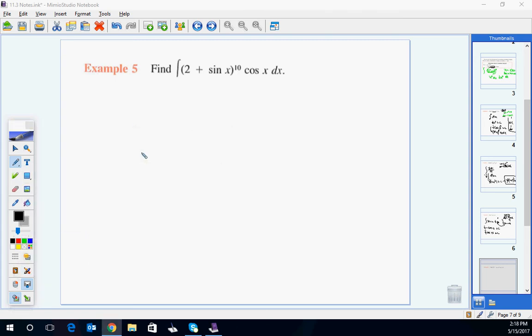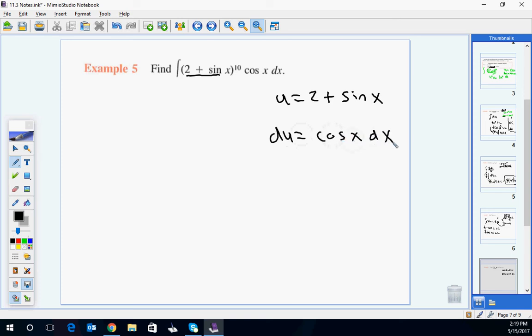Okay. So we all understand that u is here, right? u equals 2 plus sine x. du is cos x dx. Aha. Perfect. Nice and easy for us. It's right there. So all I have to do now is u to the 10th du.